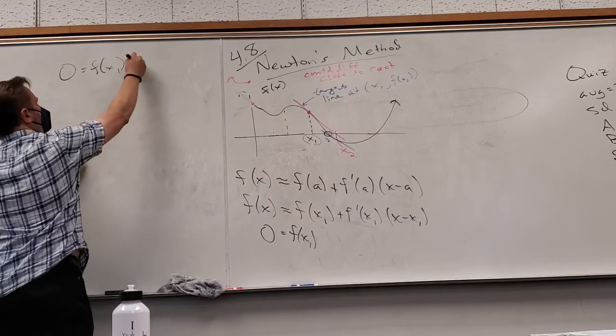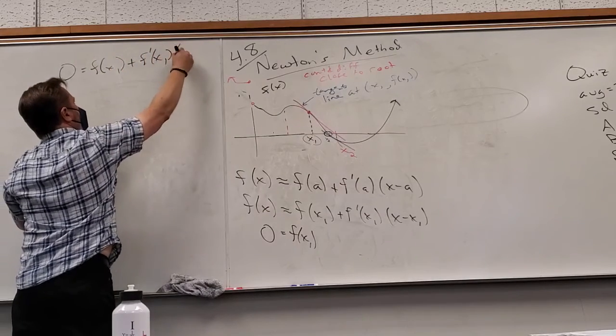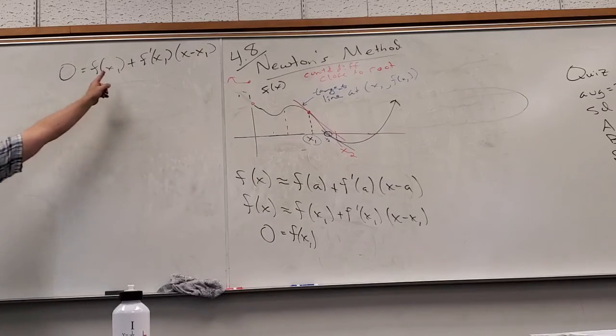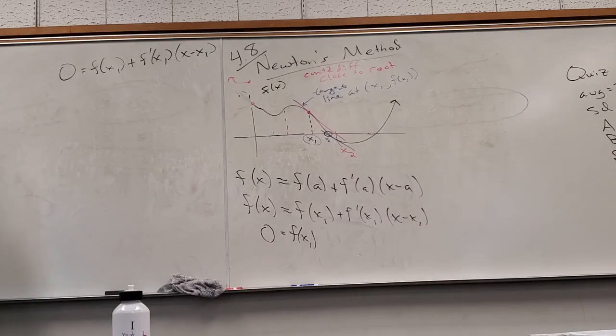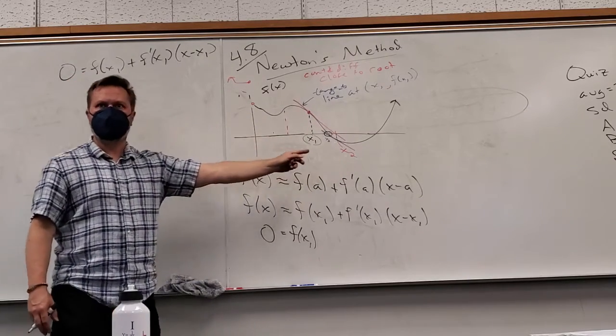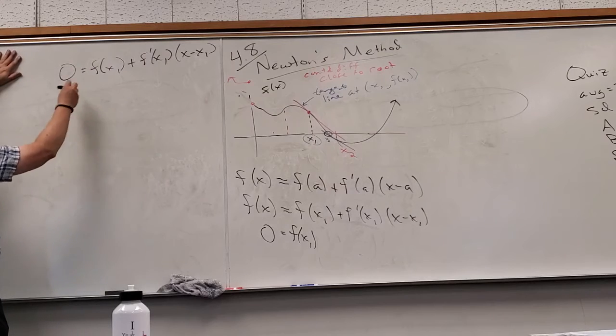All right. What do you think I want to do to this to get what x2 is? Take the derivative? No. Let me just solve for x. You want to know what x value makes this 0. Isn't that what x2 is going to be, the x value that makes this 0? So let's solve this for x.